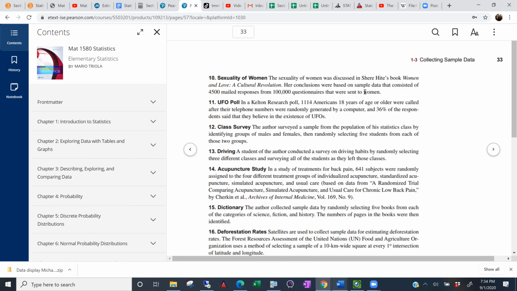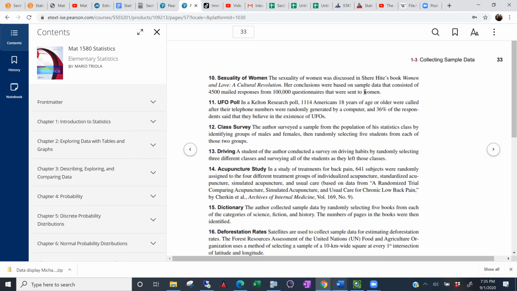What kind of sampling does this represent? Stratified sampling? Got a vote for stratified? Is there a second? Would it be cluster maybe? No, I think it's stratified too. All right, so we got a 2-to-1 and some abstentions.